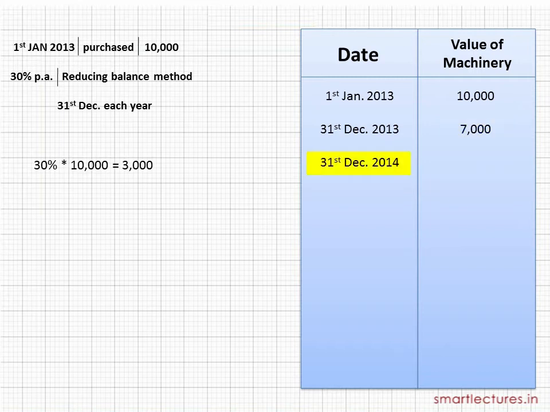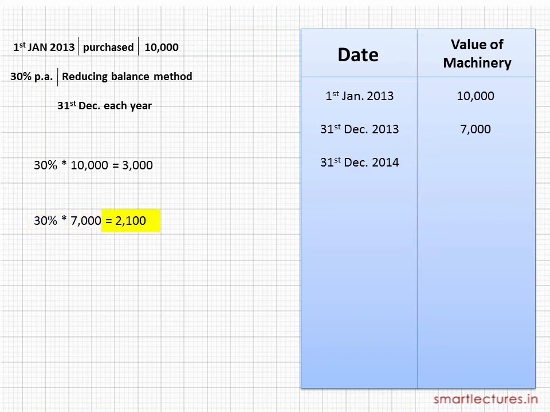Then come to the next year, 31st December 2014. The depreciation will be provided 30% of 7,000, not 10,000, because the last available value was 7,000. So in reducing balance method, the depreciation is provided on the reduced value, not the original value, and the reduced value is 7,000. So 30% of 7,000 is 2,100.